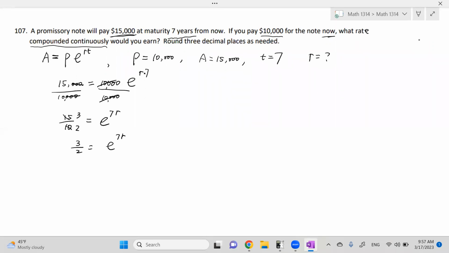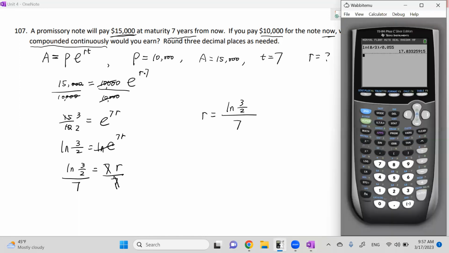And solving for r, I can take the ln of both sides. So ln and e cancel. ln 3/2 equals 7r. Both sides we can divide. Okay, r equals ln 3/2 over 7. Let's use a calculator. We have ln 3/2 divided by 7.